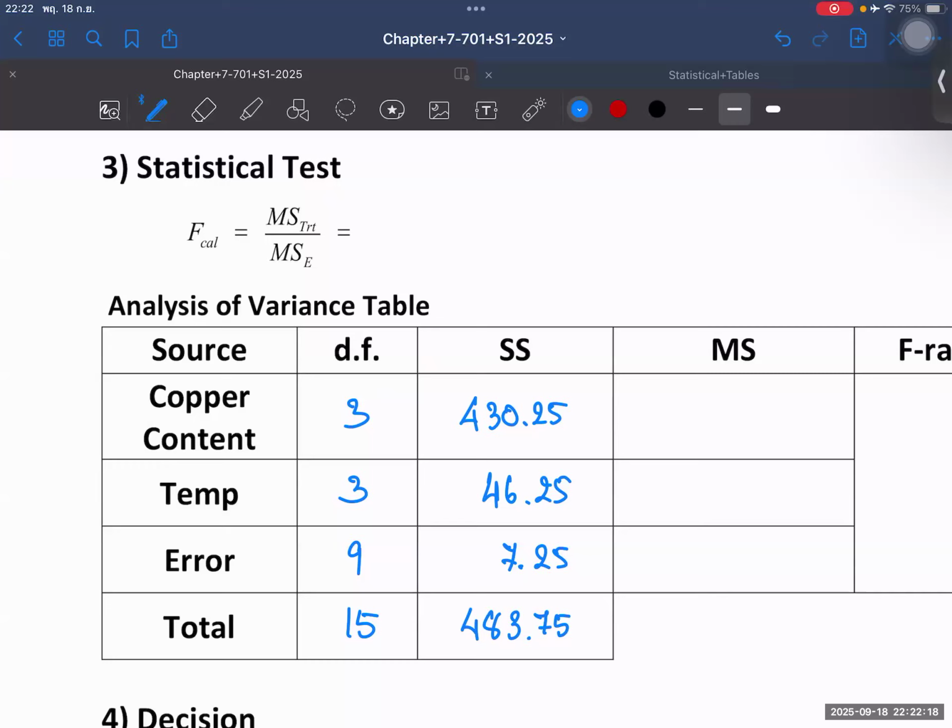For the mean square treatment, you have to use this divided by the degree of freedom 3. And the mean square of the block divided by 3 again.